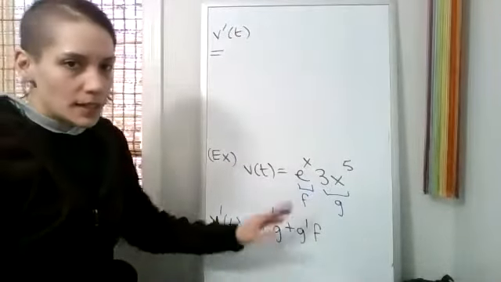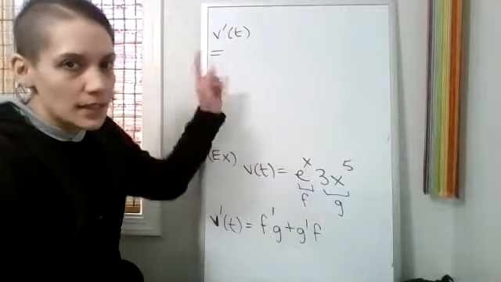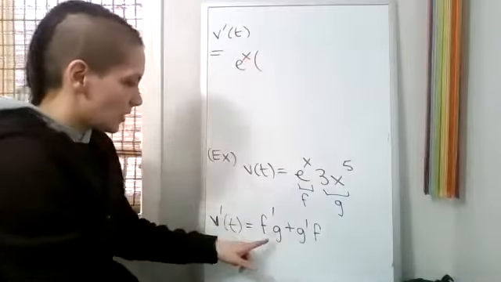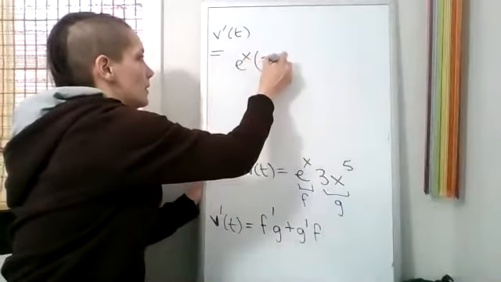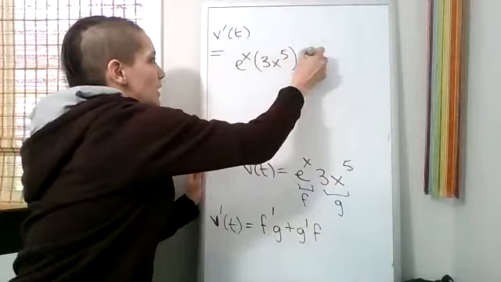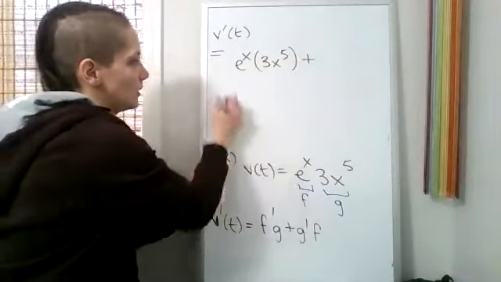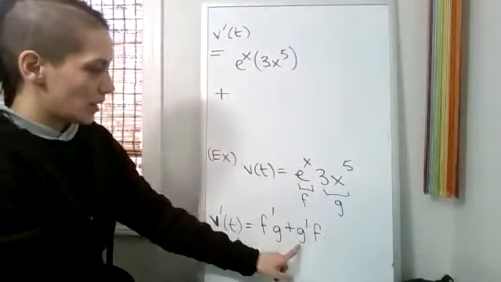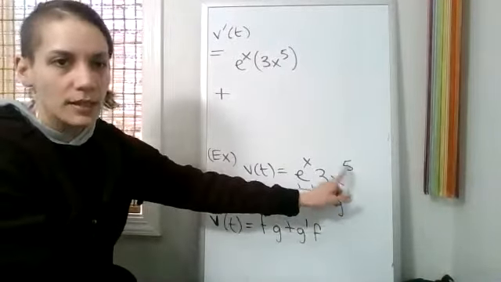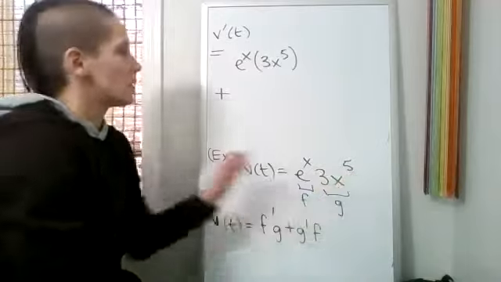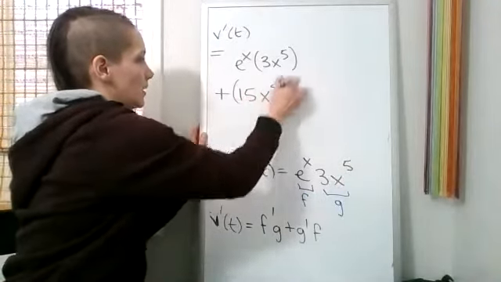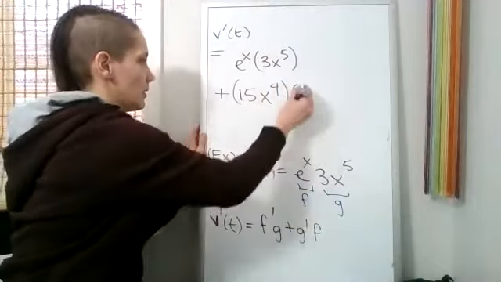Derivative of f is the derivative of e to the x is e to the x times the function g. Add. Well, just to be safe, we'll add here. G prime. Derivative of this would be 15x to the 4th. And we'll take that, multiply with f.